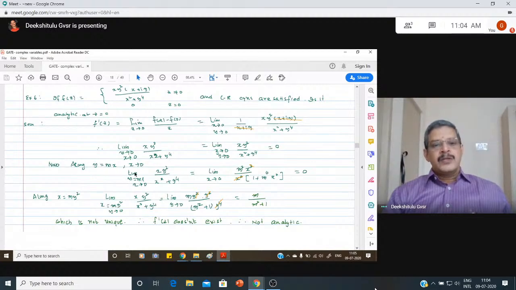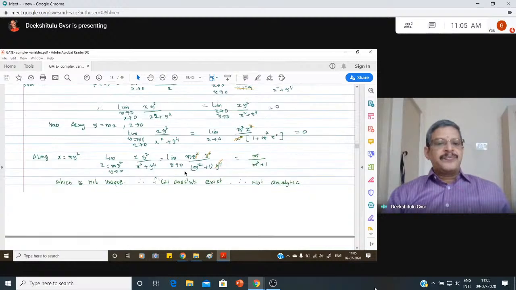Substituting y = mx, the numerator is x·m²x², that is m²x³, and the denominator is x² + m⁴x⁴. I can take x² common in the denominator and cancel it, and in the numerator I still have one x, so that becomes 0. So the limit is still the same in all three cases.